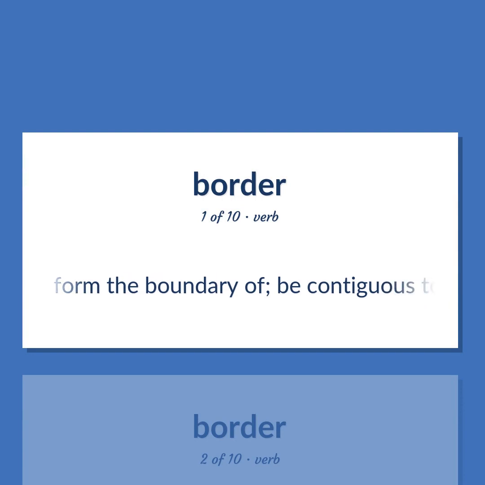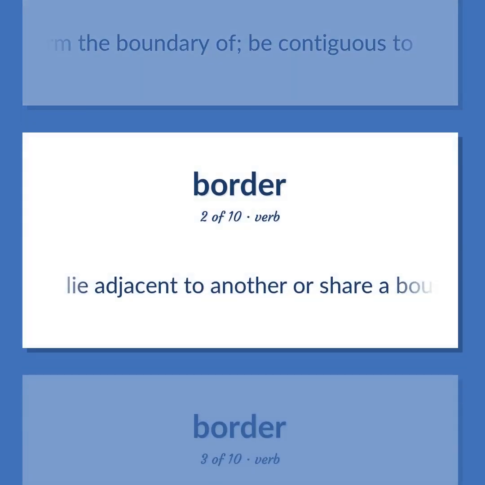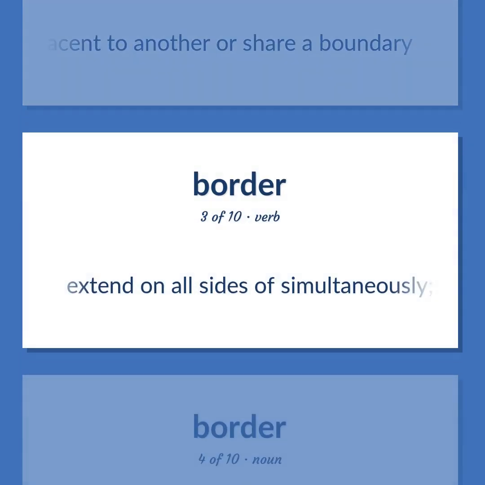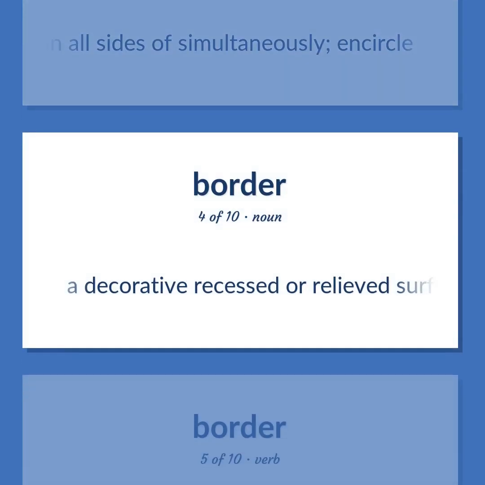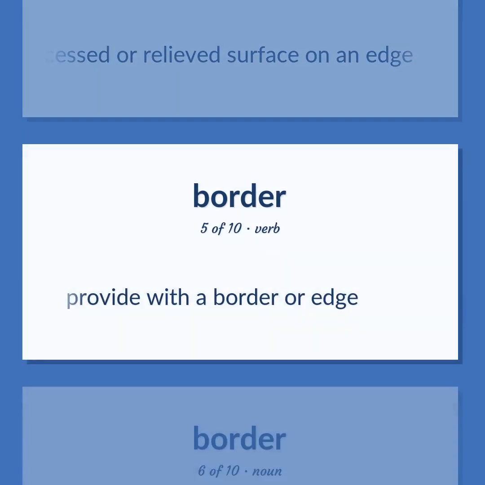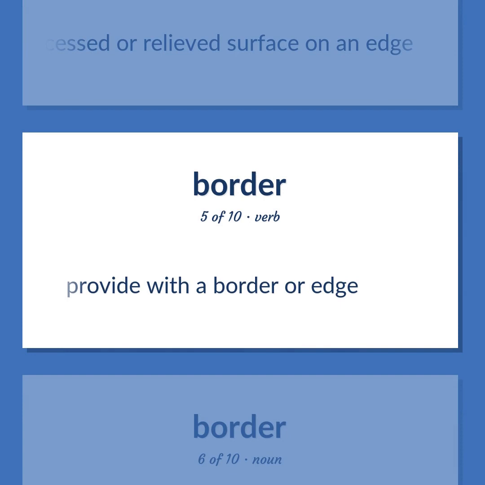Form the boundary of, be contiguous to. Lie adjacent to another or share a boundary. Extend on all sides of simultaneously, encircle. A decorative recessed or relieved surface on an edge. Provide with a border or edge.